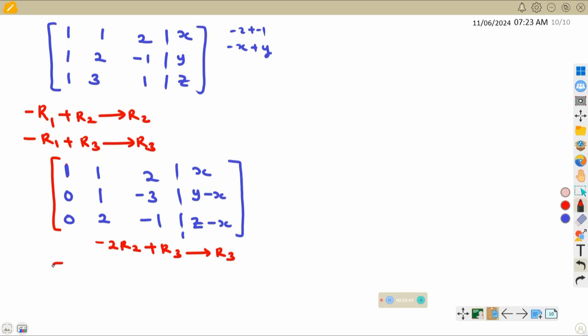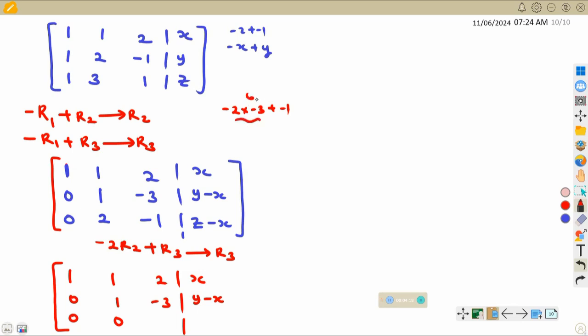So we shall have here, the first row is constant, 1, 1, 2, then we shall have x here. Then this is 0, 1, negative 3, and this is y minus x. Then the next one will, of course, remain 0. Then negative 2 times 1 is negative 2, plus 2 will give us 0. We are having negative 2 times negative 3 plus negative 1. This will be 6 minus 1, which is 5.